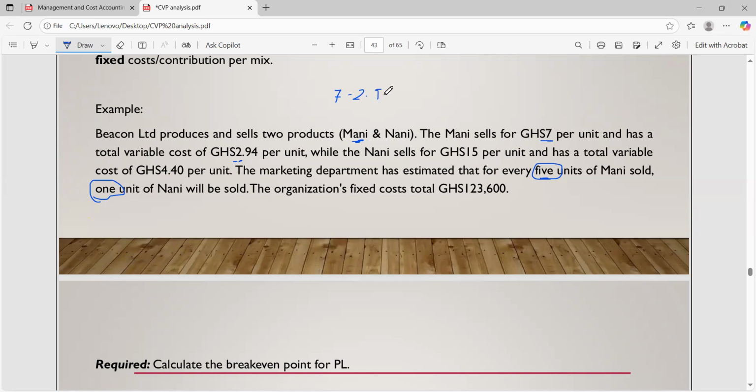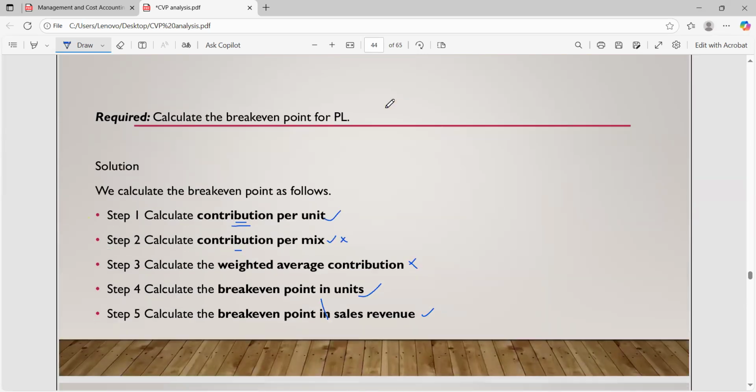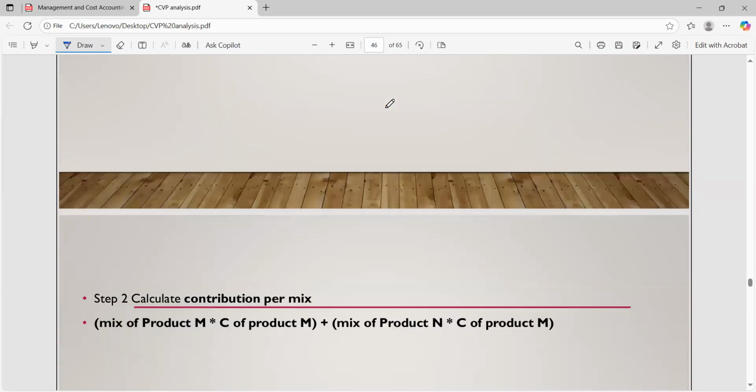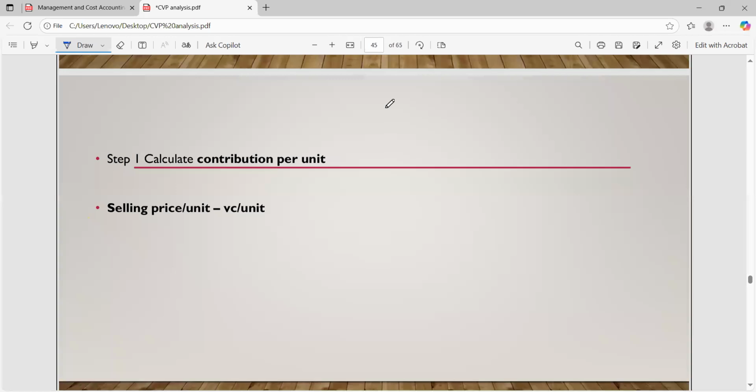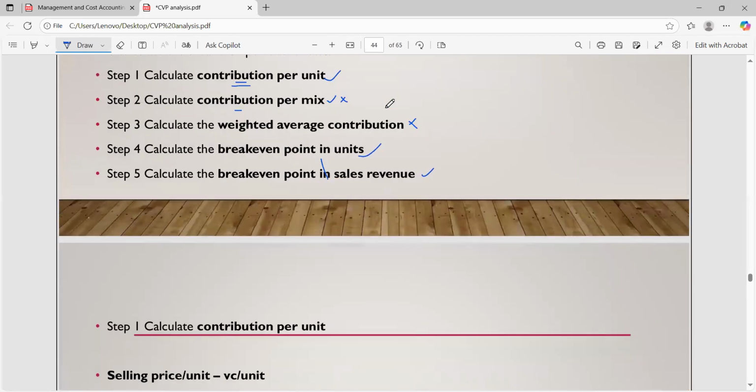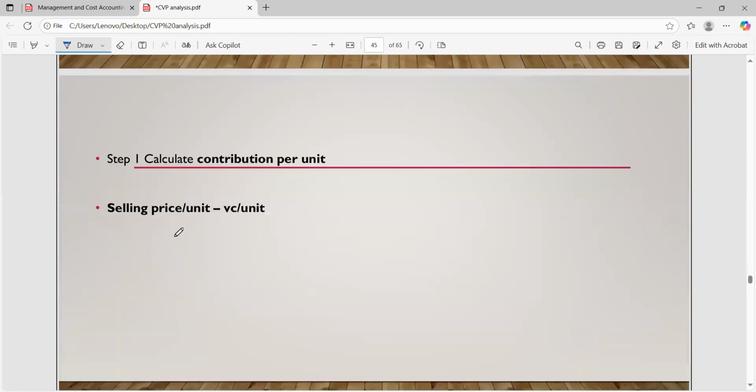That is all I'm asking you to do. So let me do them here for you. For Money, we had 7 cedis minus 2.94. Please give me the final answer.